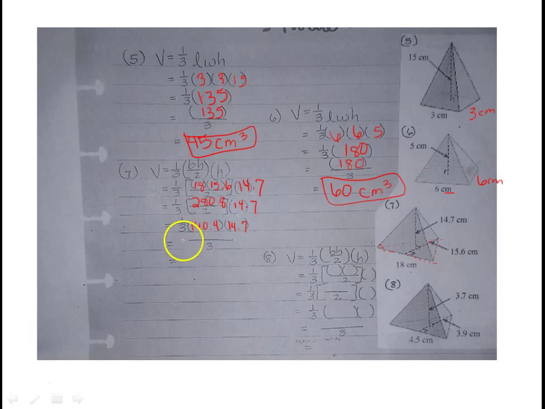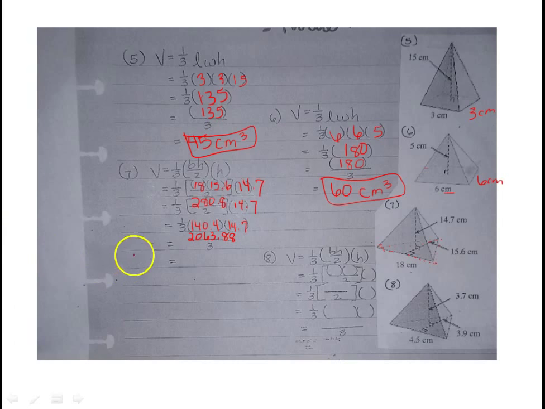All right, so 1/3 times all of this is the same as dividing by 3. So you have 140.4 times 14.7, and that's 2,063.88, and then you divide it by 3.